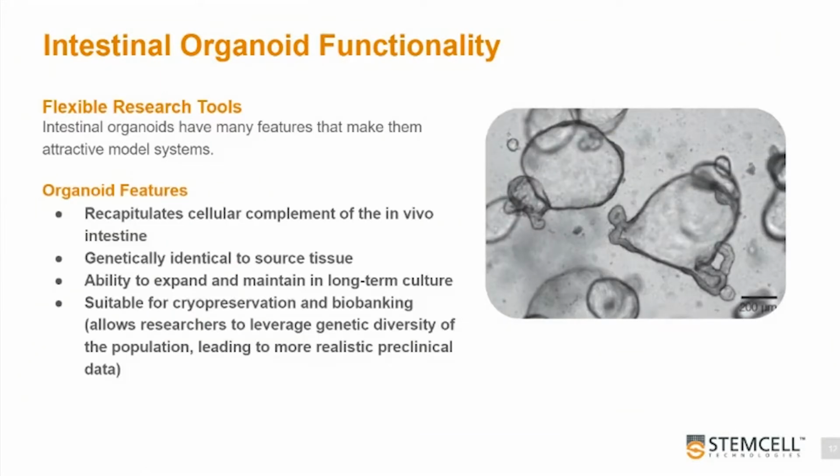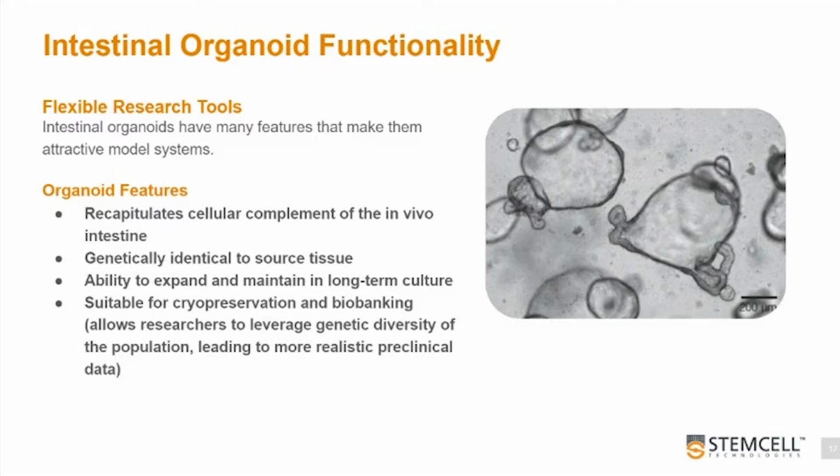Intestinal organoids offer convenient research tools, and when we talk about intestinal organoids specifically, we gain a lot of flexibility and utility in these culture systems to be able to answer a lot of research questions. As mentioned before, organoids recapitulate the cellular complement of the in vivo intestine. It means that in general terms, you have intestinal stem cells and you have differentiated cell types like goblet cells secreting mucus.